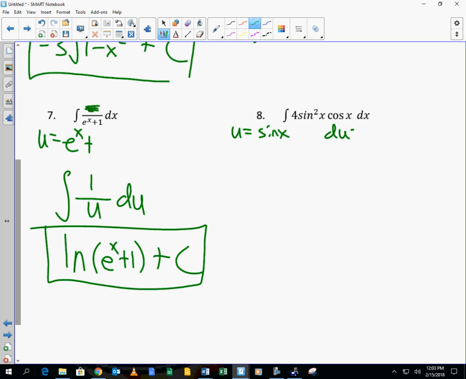What's du? Cosine of x. Hey, what am I missing? A 4. So 4 du is equal to 4 cosine of x dx. Well, it's u squared.